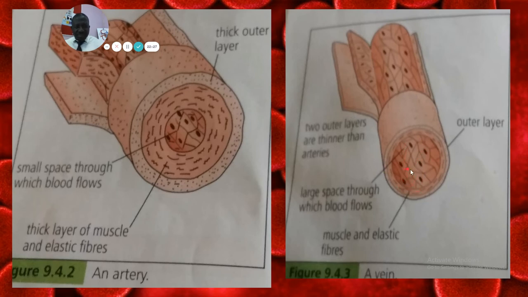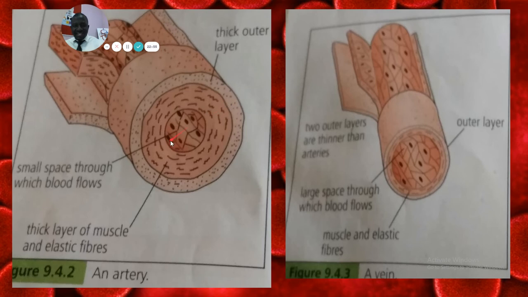A lumen is the space where blood is transported or moves through. So this has a thick wall, this has a thin wall.